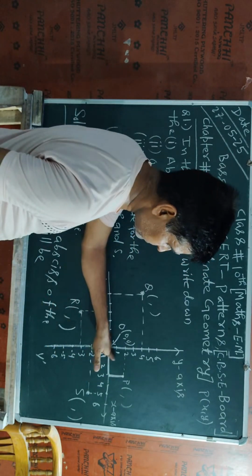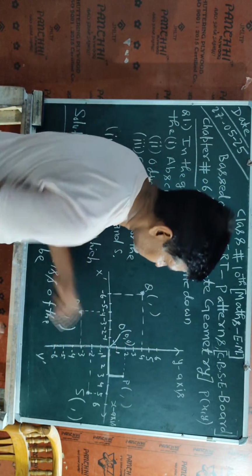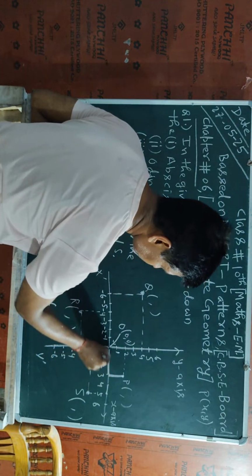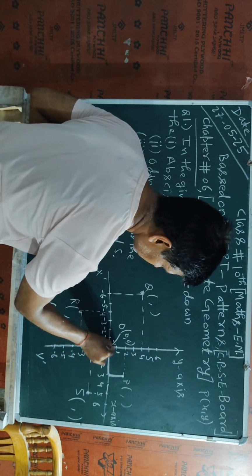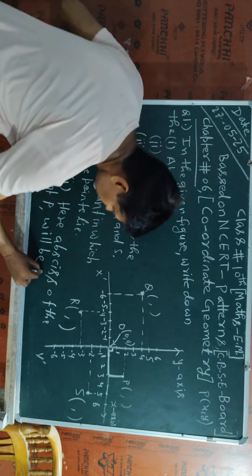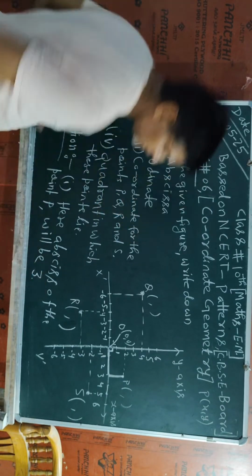That will be the perpendicular distance from the y-axis. So the perpendicular distance is 3. So I will say this abscissa will be 3.